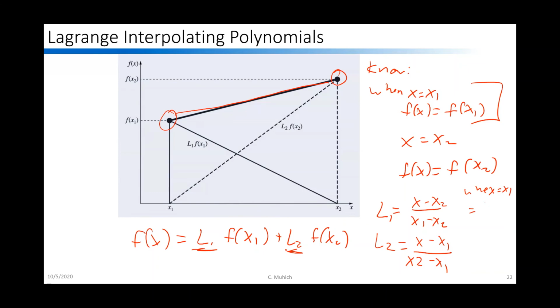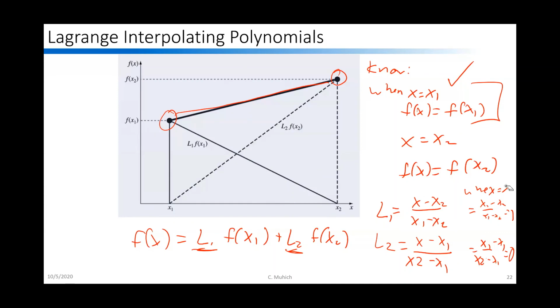L1 would be x1 minus x2 over x1 minus x2, which is 1, and L2 would be x1 minus x1 over x2 minus x1, which is 0. So this mathematically is going to work when x equals x1.